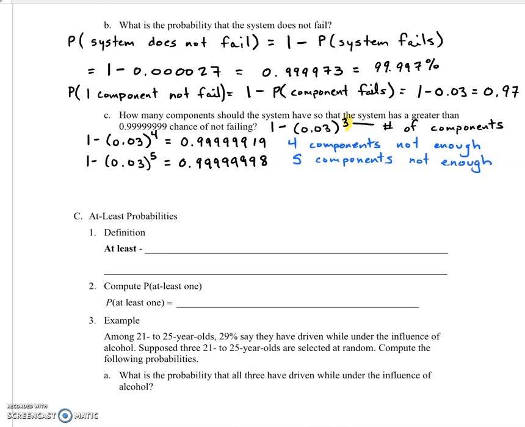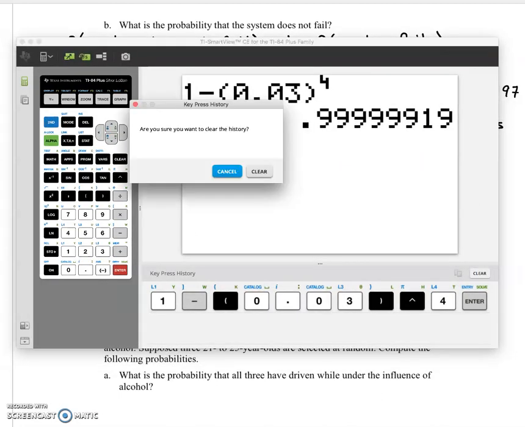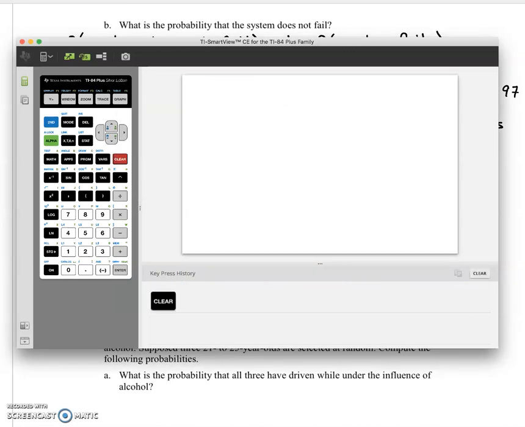So now let's try 6 components. So the same formula, it's just raised to the 6th power. And if we put that one in the calculator, well, let's try it. So get my calculator up, I will clear that, and I will clear the screen.